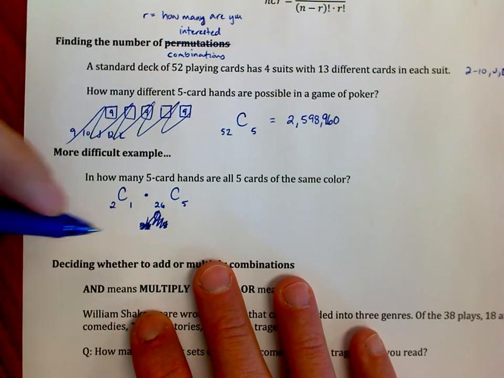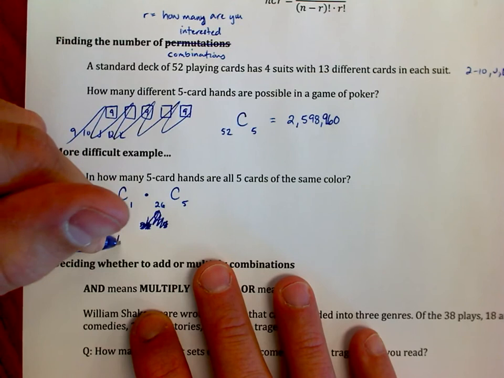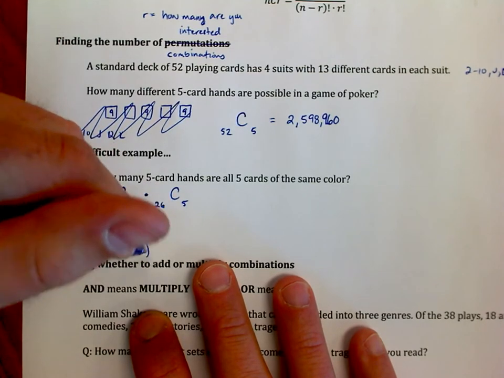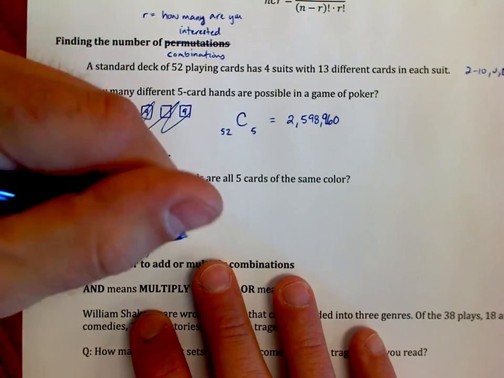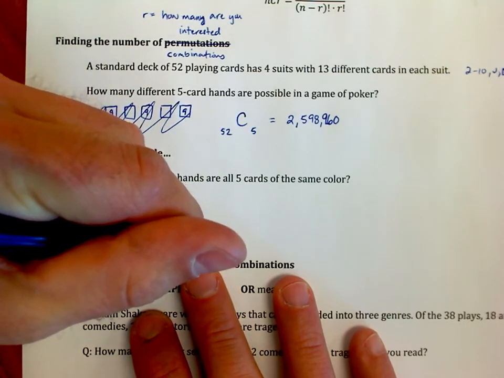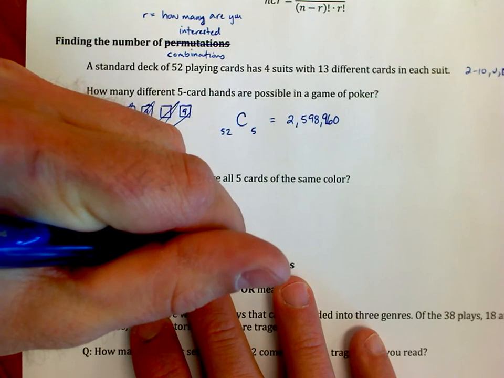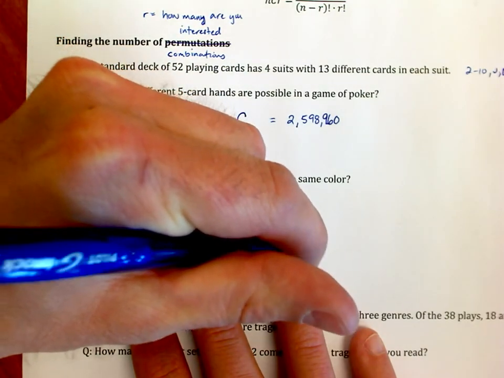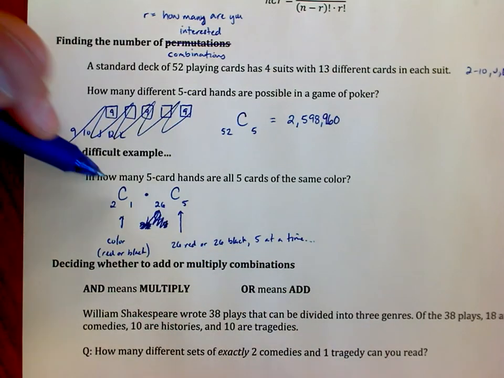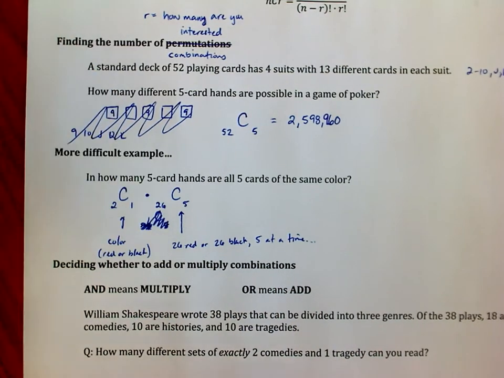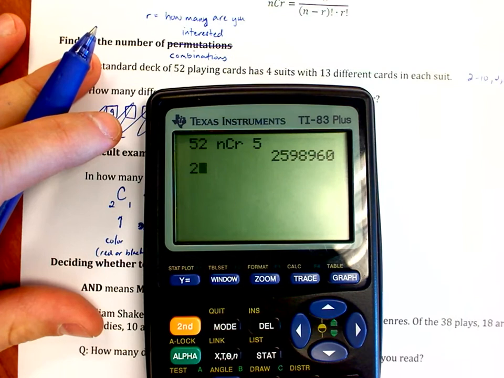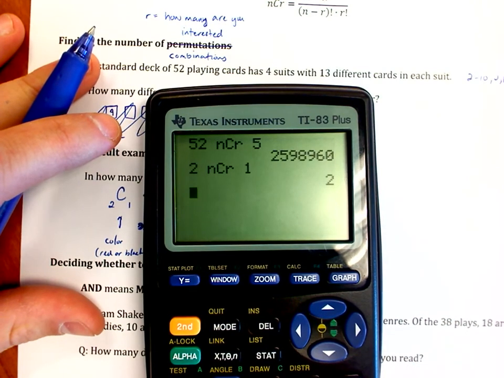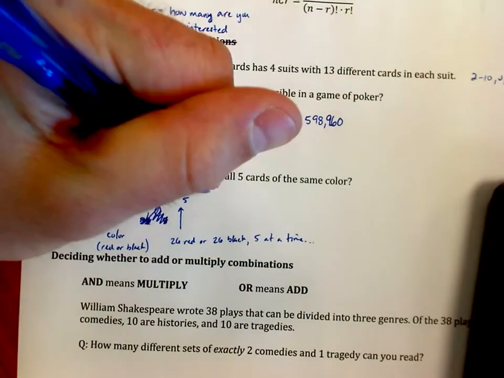So this part right here adjusts for the color. It's either red or black. And this part here adjusts for the fact that out of the 26 red or the 26 black, I want to take 5 at a time. And so I'm going to get these two values and multiply them together. So here we go. What is 2 colors, 1 chosen at a time? It's 2.